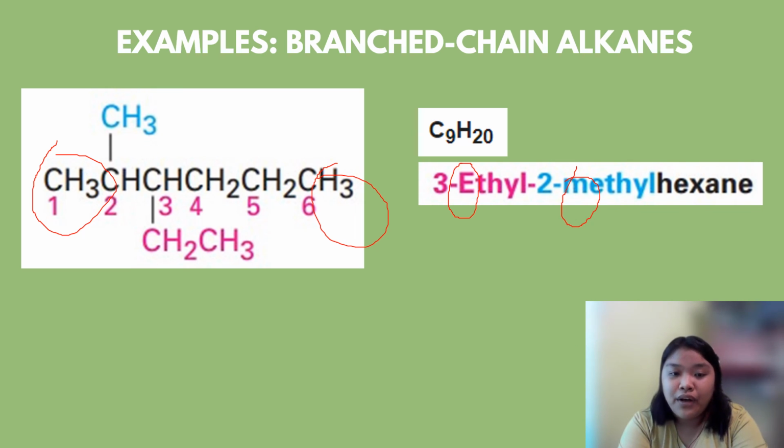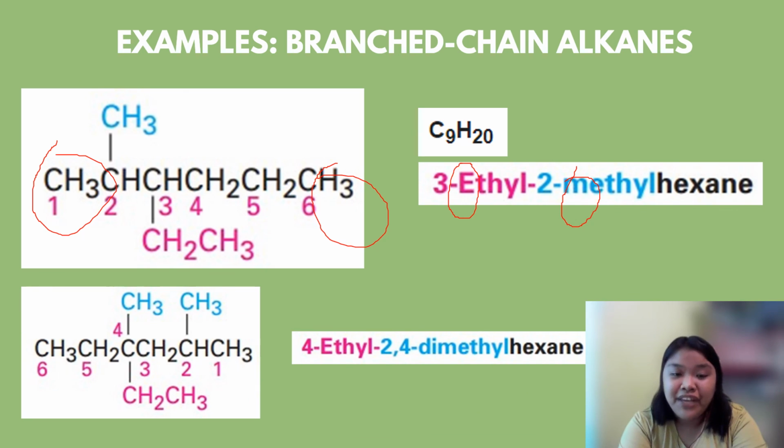Next example. We have here 4-ethyl 2,4-dimethylhexane. Guys, you need to write kung saan nag-o-occur, kung saan lumalabas yung methyl ha. So, we have here yung blue, ito, nilagyan ko ng circle.